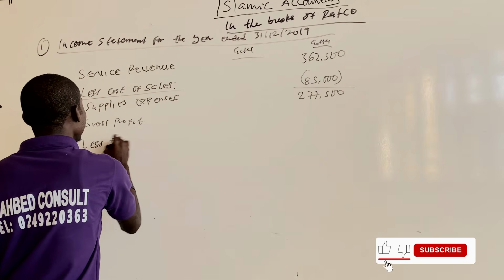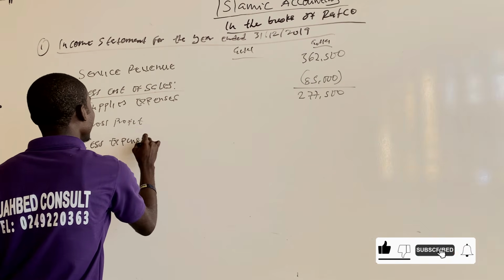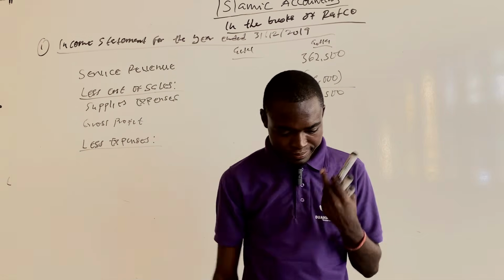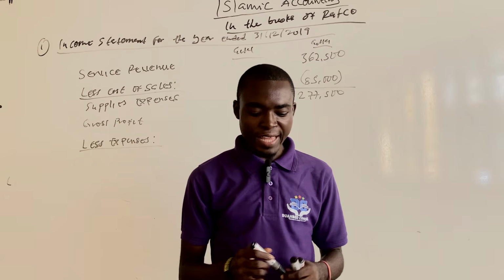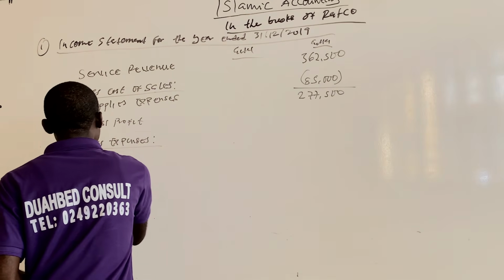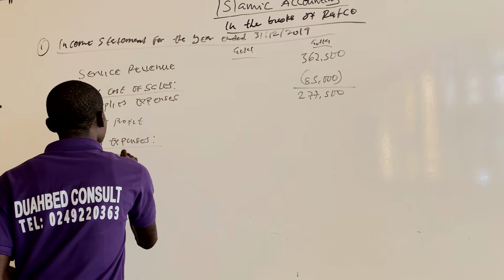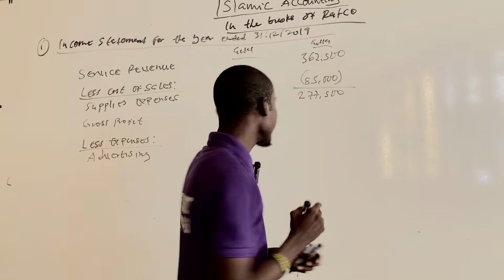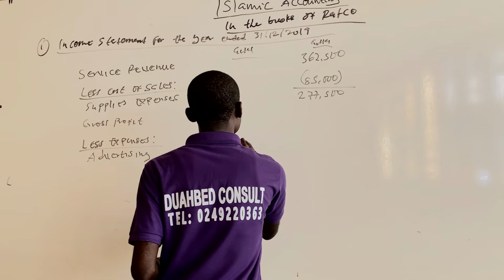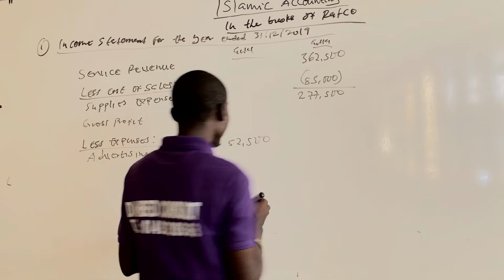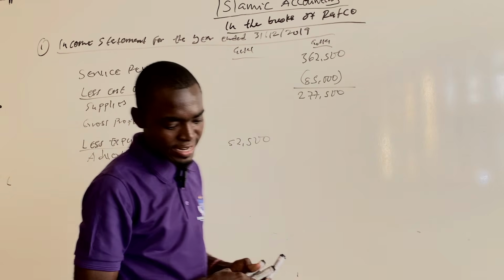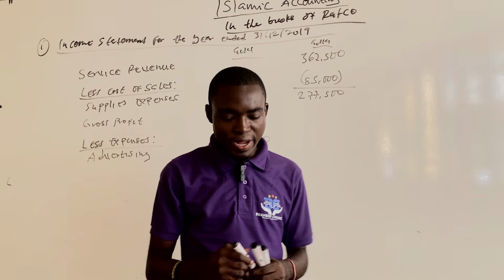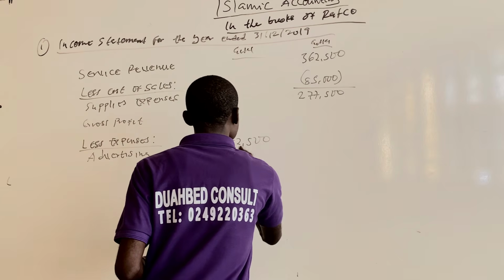So less expenses. For the expenses, we have advertising expense, which is 52,500. And then the next expense, insurance expense, which is 75,000.